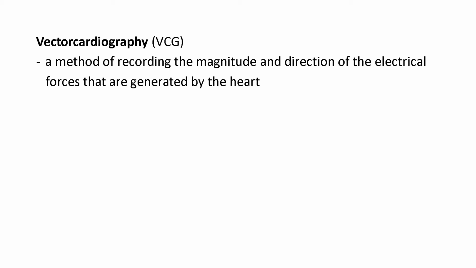Vector cardiography, or VCG, is a method of recording the magnitude and direction of the electrical forces that are generated by the heart by means of a continuous series of vectors that form curving lines around a central point.